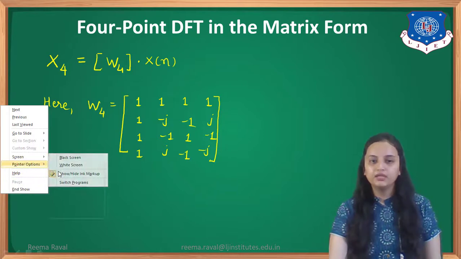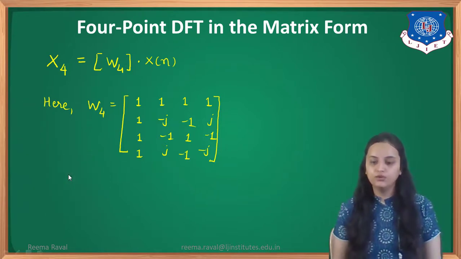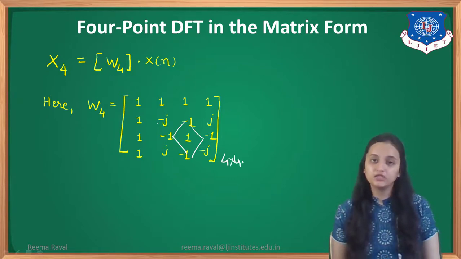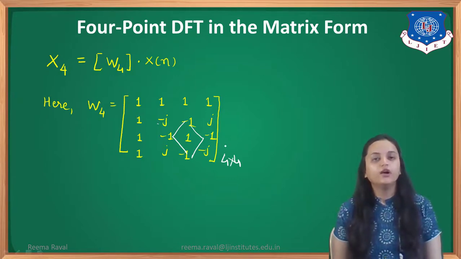All you need to remember is that you place 4 ones horizontally and 4 ones vertically. Then in the diamond shape you form minus 1, minus 1, minus 1. In the cross section, minus j, and here it is plus j, and in between there is the value 1. This is a 4 by 4 matrix which is fixed for the matrix form of DFT.